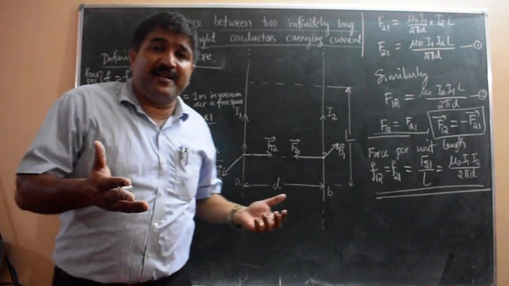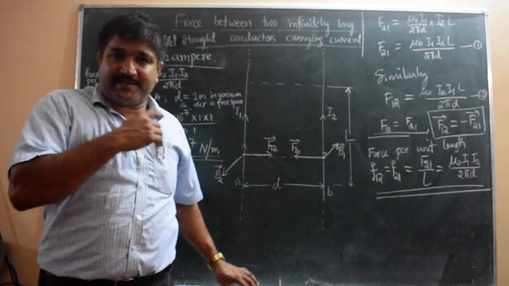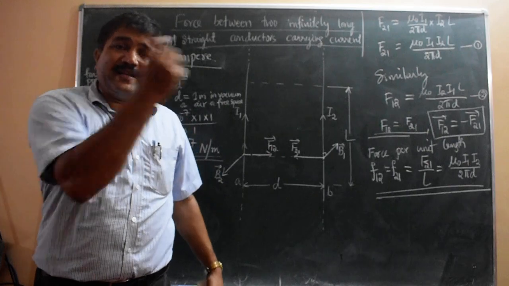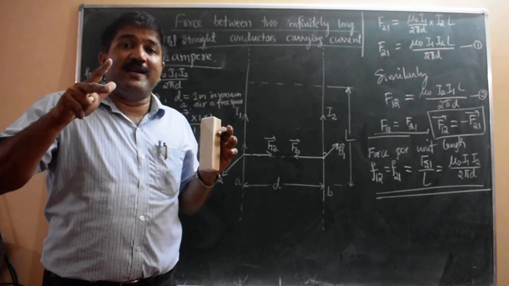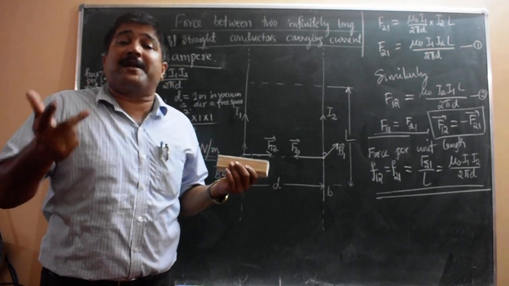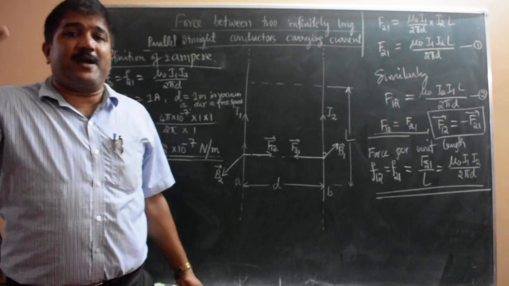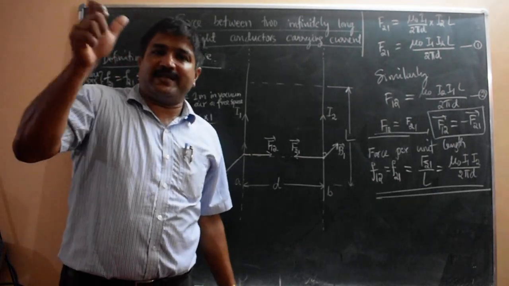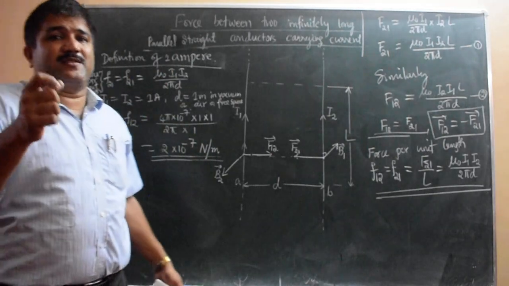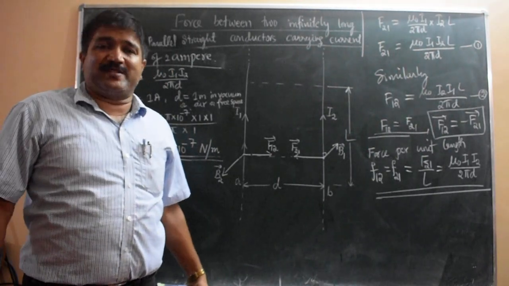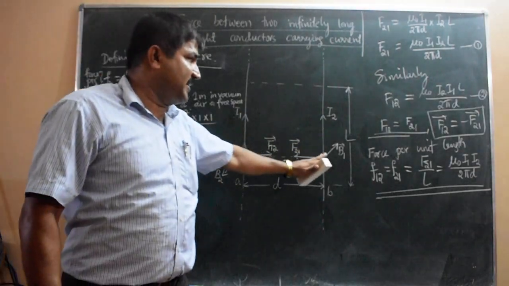That is what we studied in the previous classes in this chapter: when a current-carrying conductor is placed in a region where a magnetic field is present, it experiences a magnetic force, and that magnetic force F vector equals I times L cross B. It is a vector expression, that means it has direction. I have discussed what direction the magnetic force has, so based on that derivation I can find the direction.